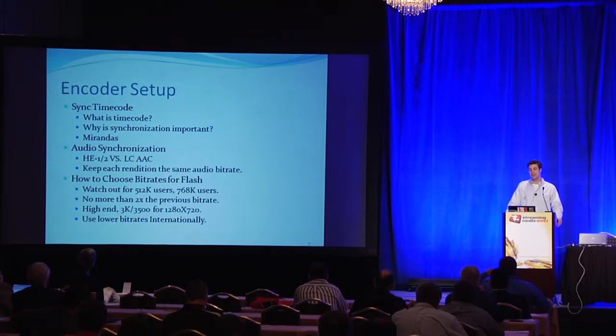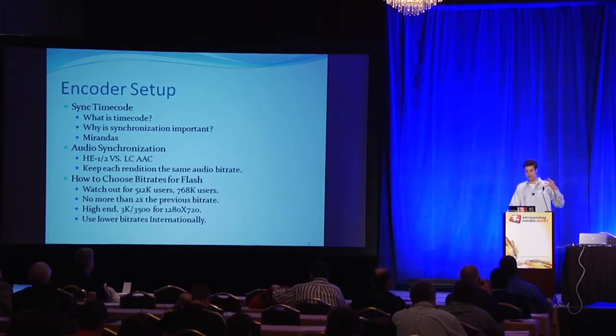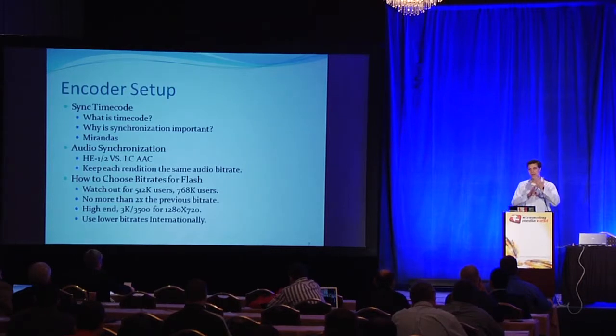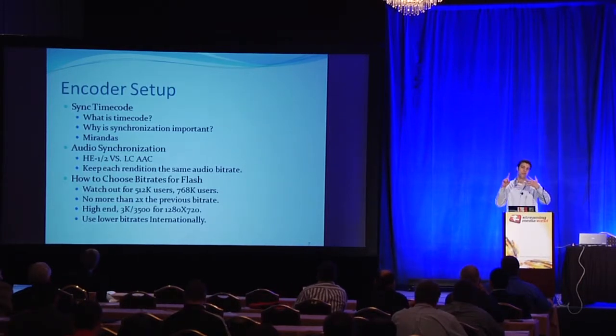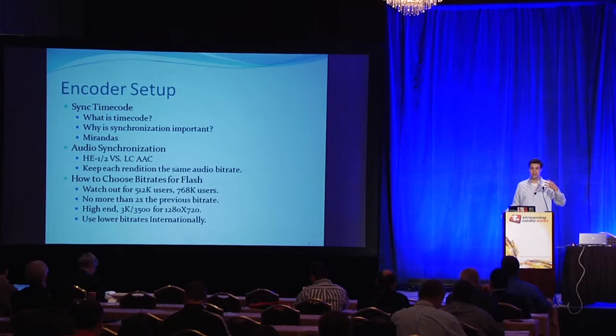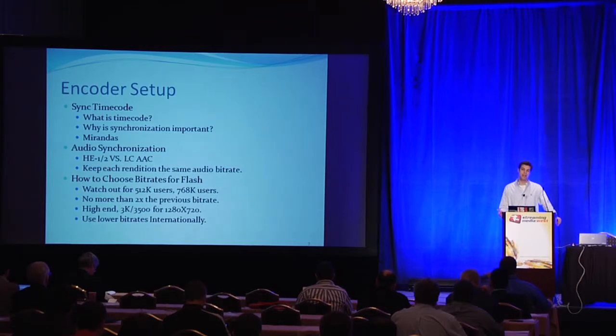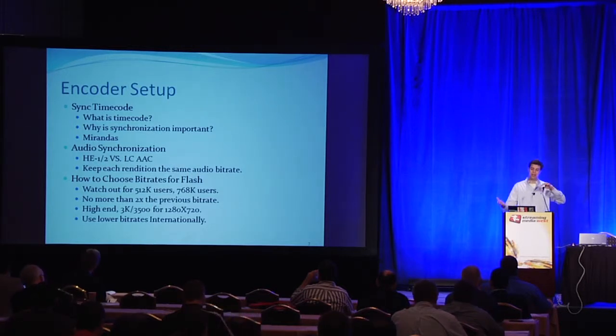This synchronization is important because we have multiple streams of the same video going out. We have a 400 bit rate, we have an 800, we have a 1200, we have a 1700, and these all need to be going out synchronized. And so what timecode does is allows us to synchronize all this video as it's leaving the encoder. It also allows us to switch so that as we go up and down, we know that we're not time traveling.